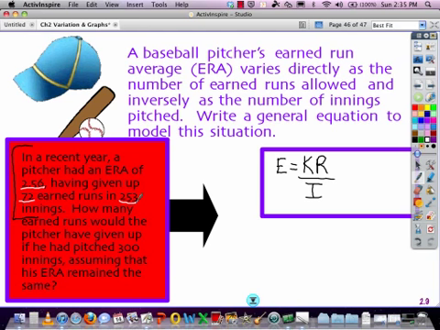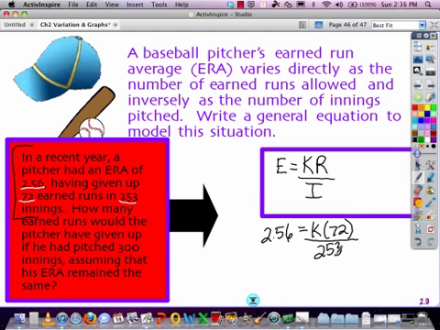So if you look at that, I believe we can put those numbers in. So in your work, ERA, depending on where you set yours up, I'm actually going to go down here. 2.56 has to equal K times my R value was my earned runs. There were 72 of those. Divided by the innings pitched was 253.